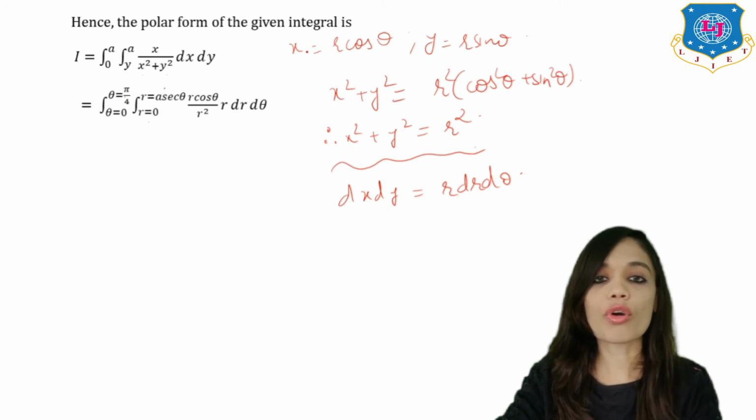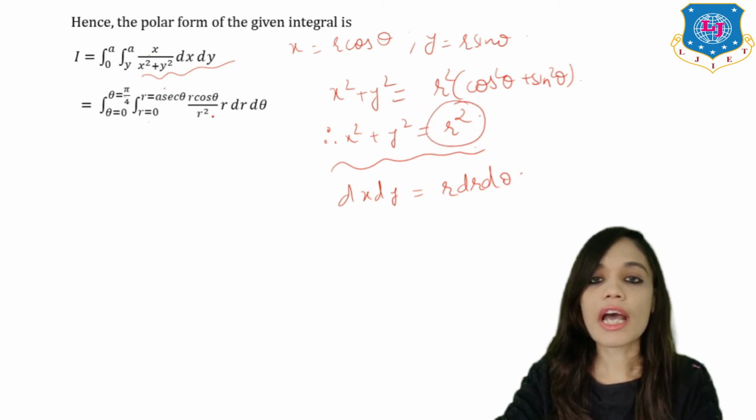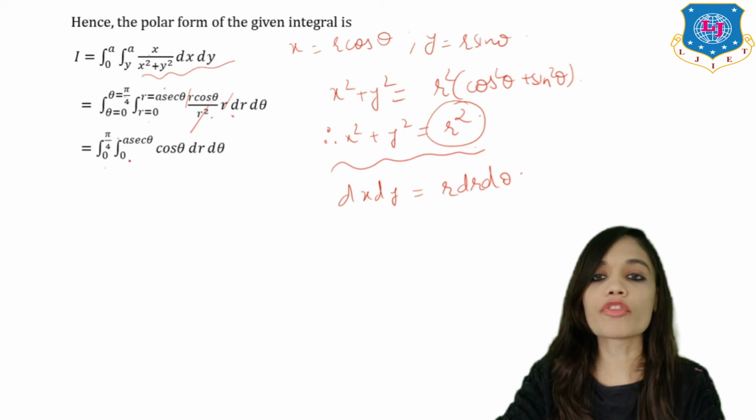So let us put all these values over here. x equals r cos theta, x square plus y square equals r square, dx dy equals r dr d theta. Now these two r will get cancelled out. So finally, what will remain? Double integration from 0 to pi by 4, 0 to a sec theta, cos theta dr d theta, right?